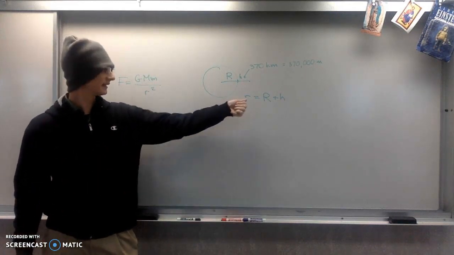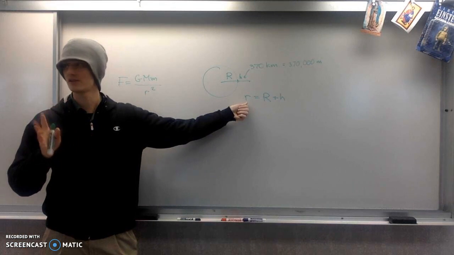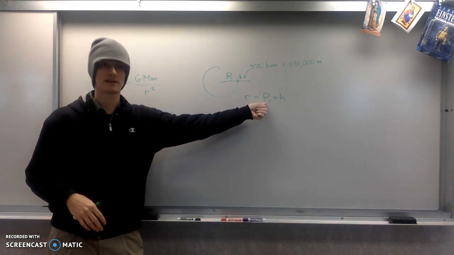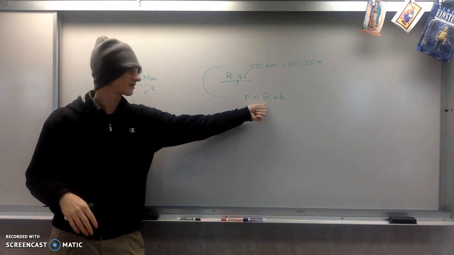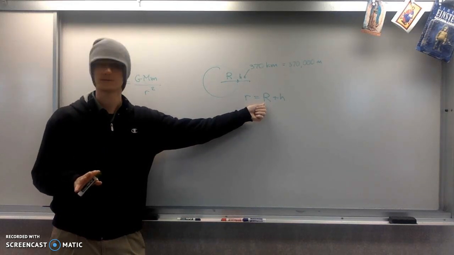When you see the little r, I'm always going to use that to mean center-to-center distance for these questions. If you see big R, that's always going to represent something like the radius of a planet, or whatever it may happen to be. Everybody good with that?